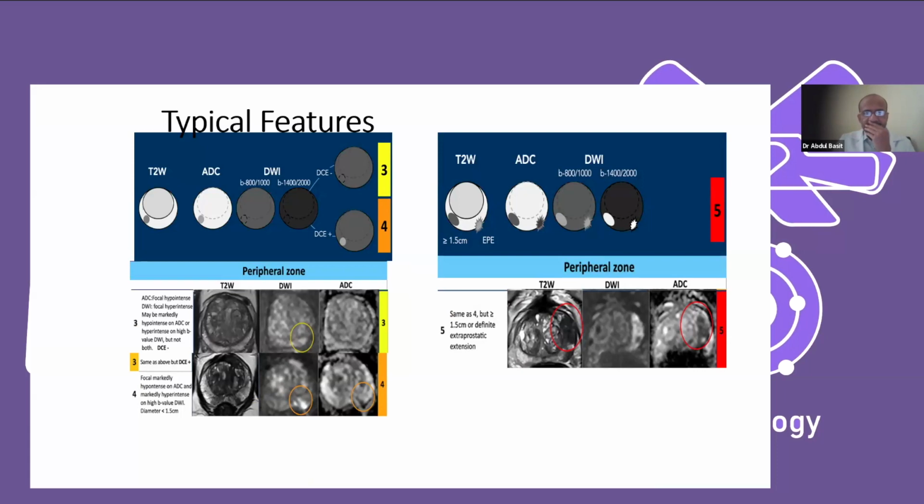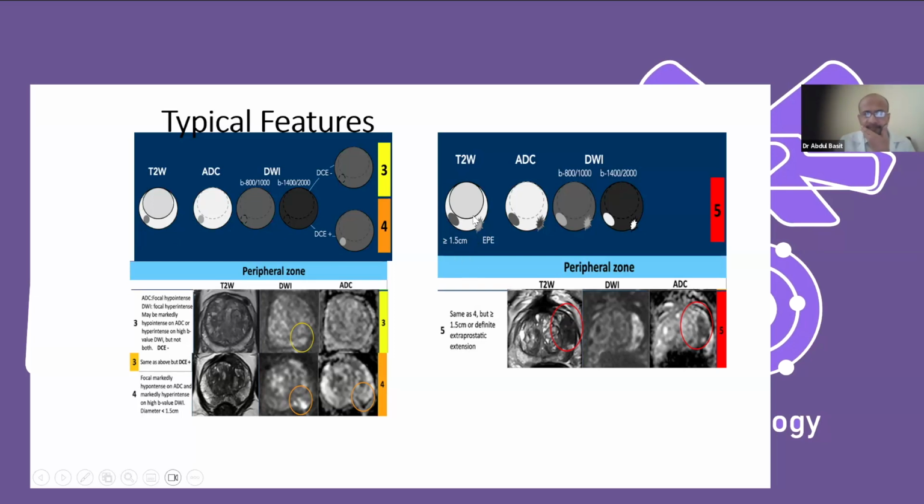So this top image is the diagrammatic representation showing how a focal lesion appears on T2. On the diffusion weighted image it will be bright, and on ADC it will show low signal intensity. And this is the lesion in the peripheral zone.